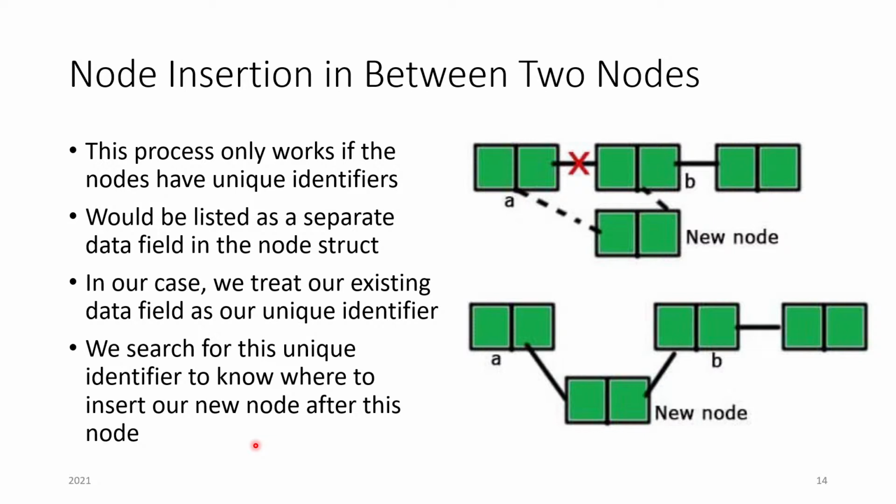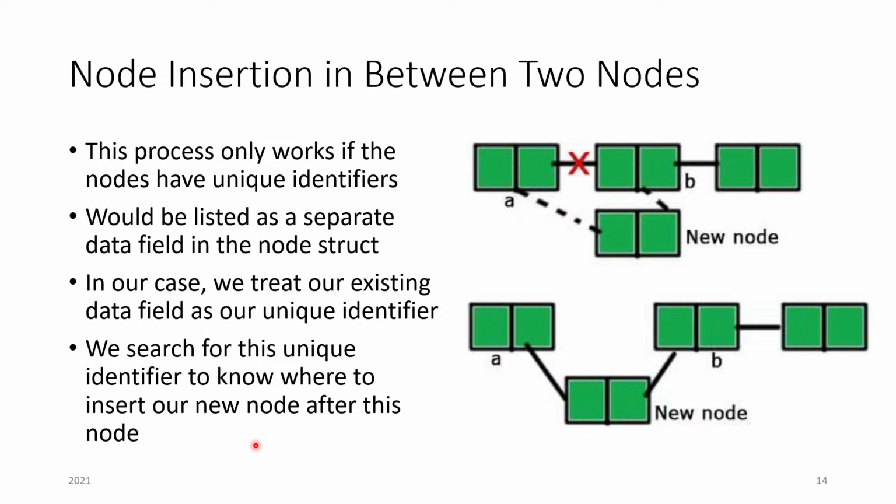And in inserting a new node in between two nodes, we won't have to break the linked list and reform the links accordingly as a result. Now, this process only works if the nodes have what we refer to as unique identifiers. And that's going to be a different data field within your node structure itself.